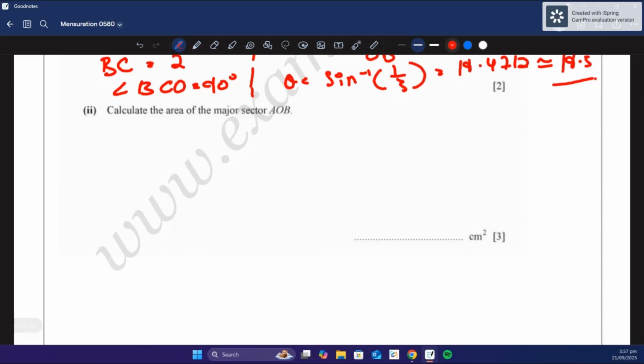New area equals 160 into 2.5 squared, which is 160 into 6.25, giving us the area of 1000. Pretty simple.